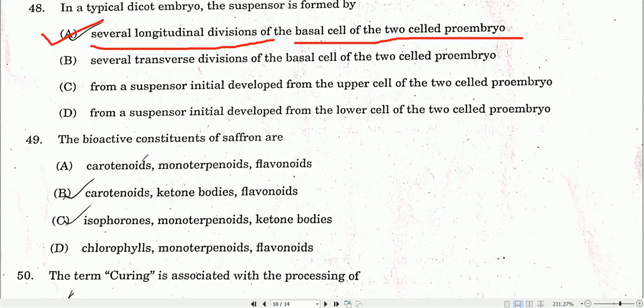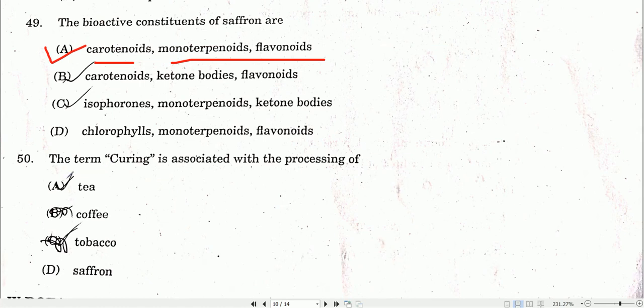The bioactive constituents of saffron are carotenoids, monoterpenoids and flavonoids. So option A will be the correct one. Coming to question number 50, the term curing is associated with the processing of tea; there is a curing stage during the process of making tea. So option A will be the correct one.